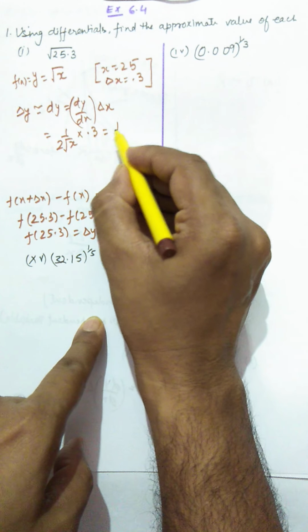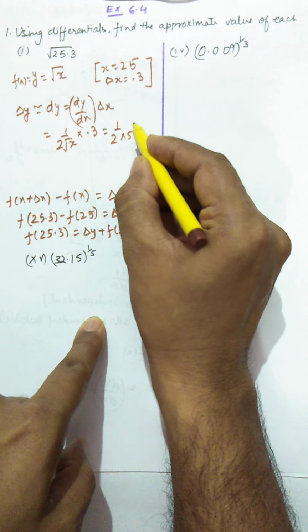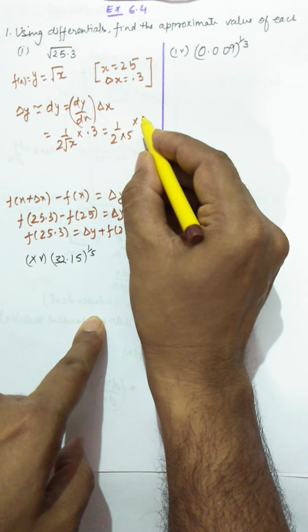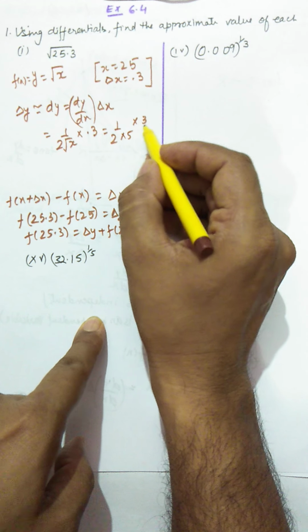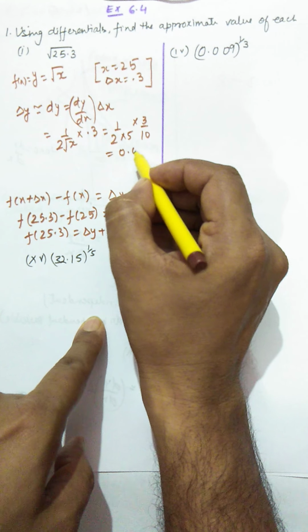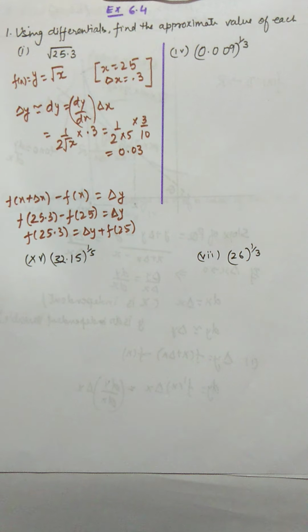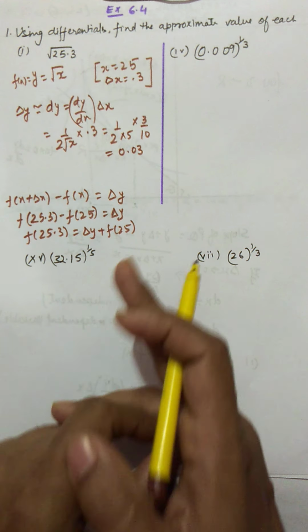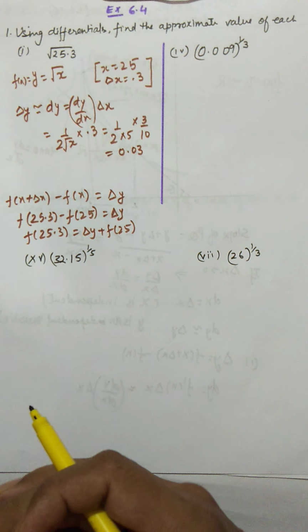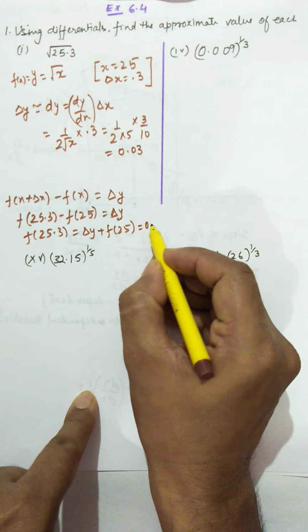You can put the value of x as 25, so this is going to be 5, and this is going to be 3. You can say this is 0.3, or 3 by 10. So this is 3 by 100, which is 0.03.